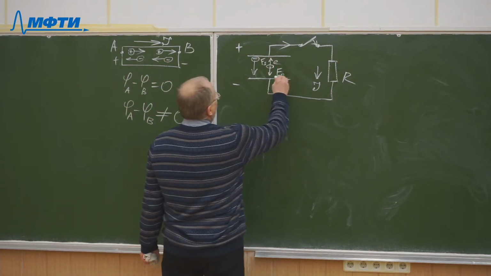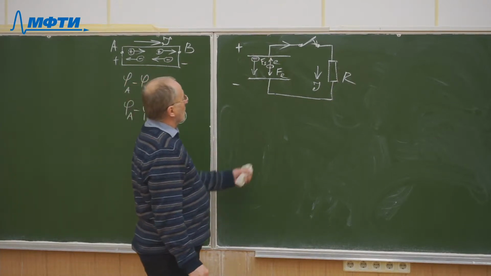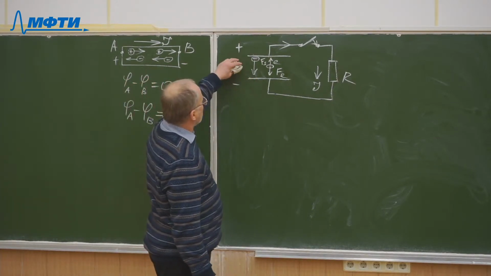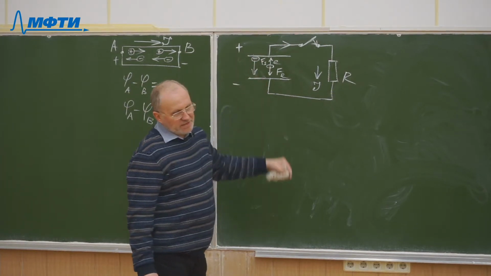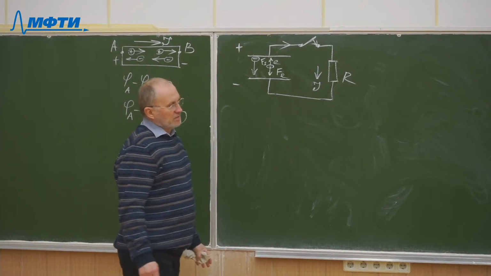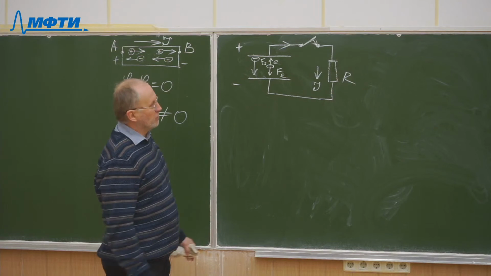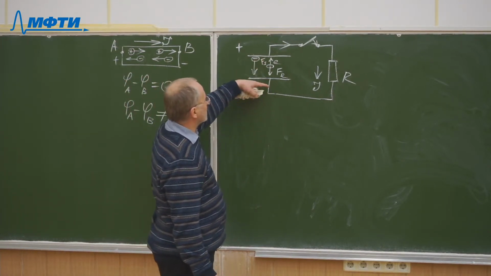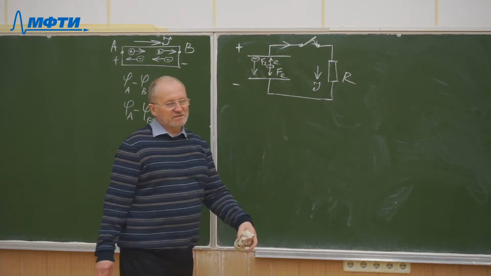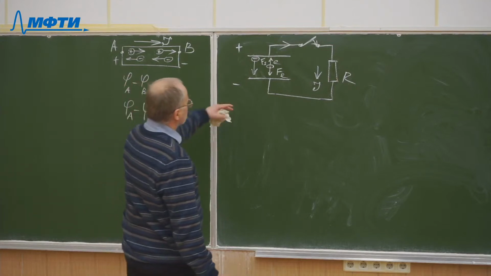Such is the general idea behind the processes that go on in any voltage source, in any battery, be it a chemical battery or any electric generator. An external force must take charges and move them against the forces of electrostatic attraction.